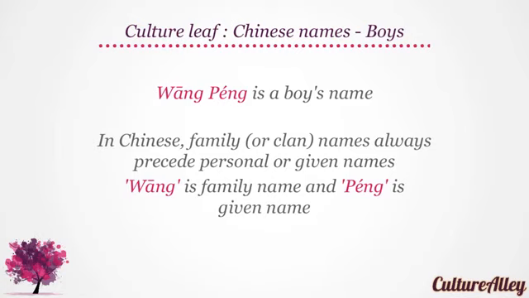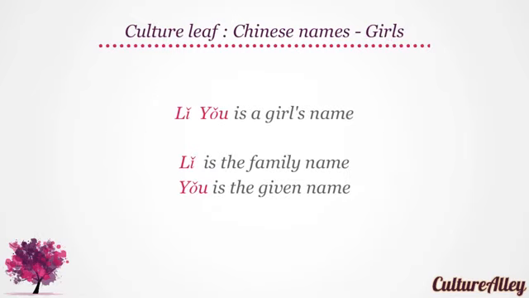In this case, Wang is the family name and Peng is the given name. Li You is a girl's name, where Li is the family name and You is the given name.